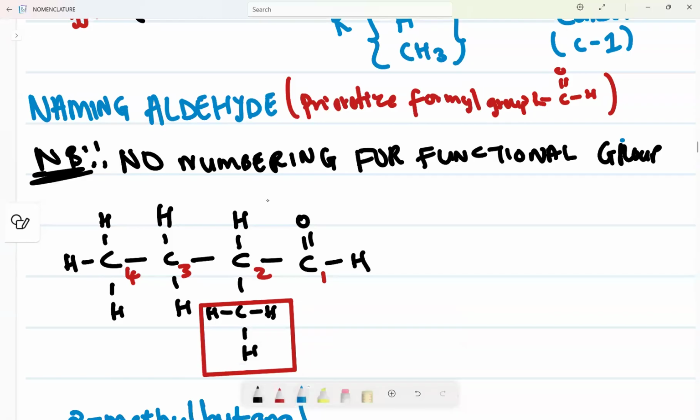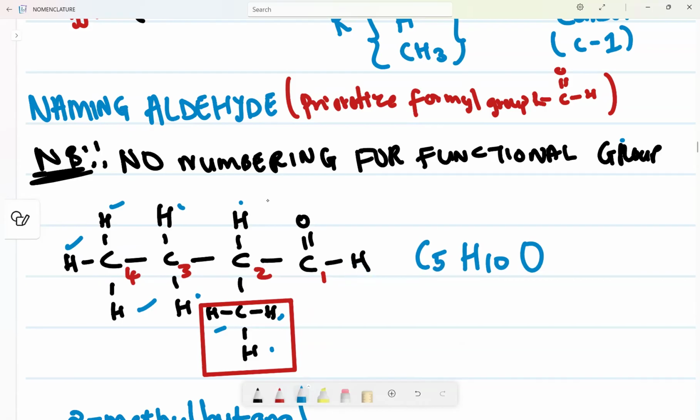Now let's count here. How many carbons do I have? 1, 2, 3, 4, 5. I do not count only the carbons in the longest chain. I count every carbon I see. It is 1, 2, 3, 4, 5. So I say carbon 5. Then how many hydrogens do I have? 1, 2, 3, 4, 5, 6, 7, 8, 9, 10. 10. How many oxygens do I have? I have 1.